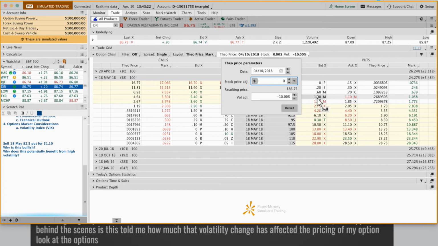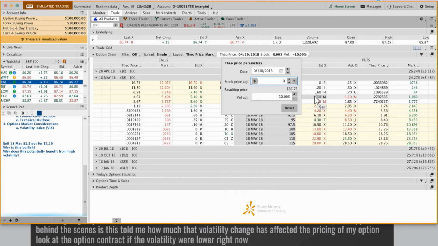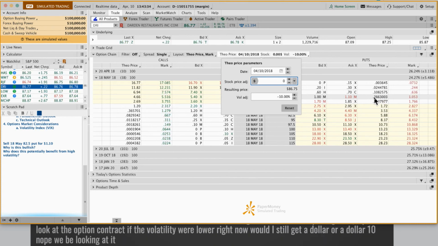Look at the option contract that we're dealing with. If the volatility were lower right now, would I still get $1 or $1.10? Nope. We'd be looking at 27 cents for the same obligation over the same period of time.